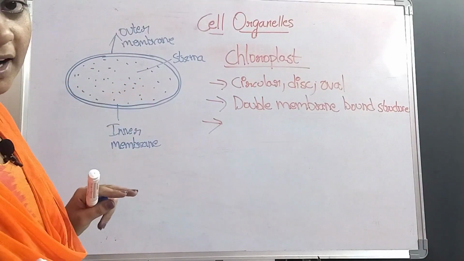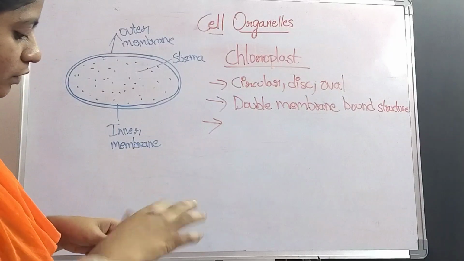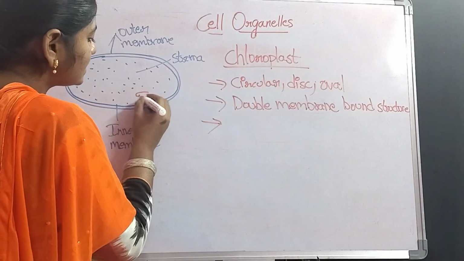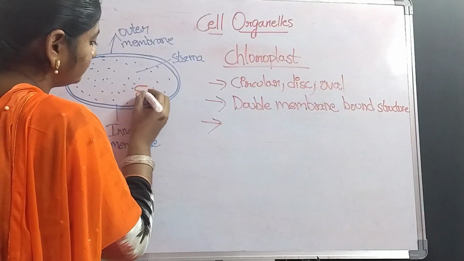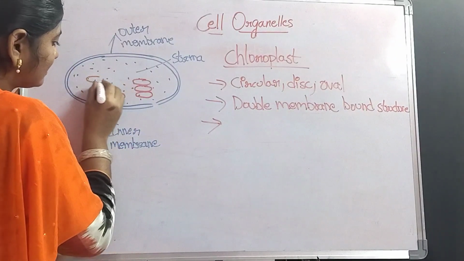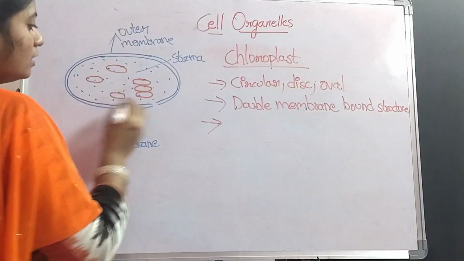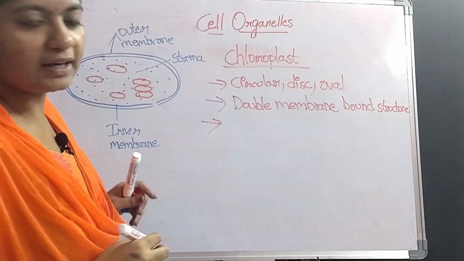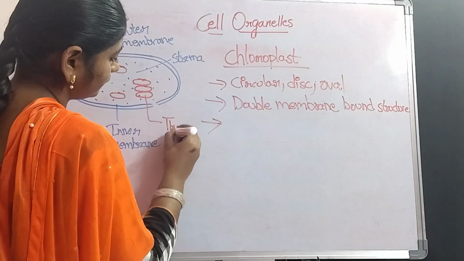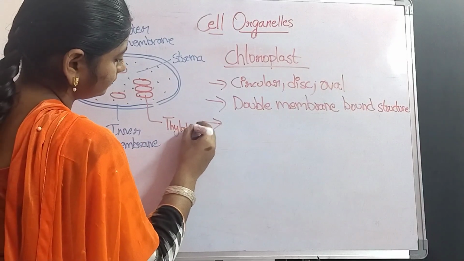What does this stroma contain? The stroma contains small sac-like structures. These sac-like structures are called thylakoids.